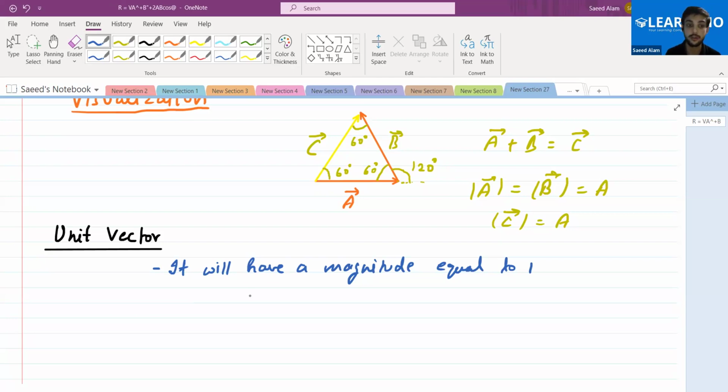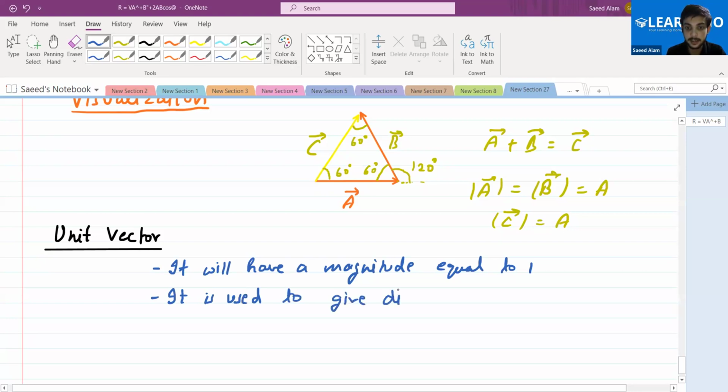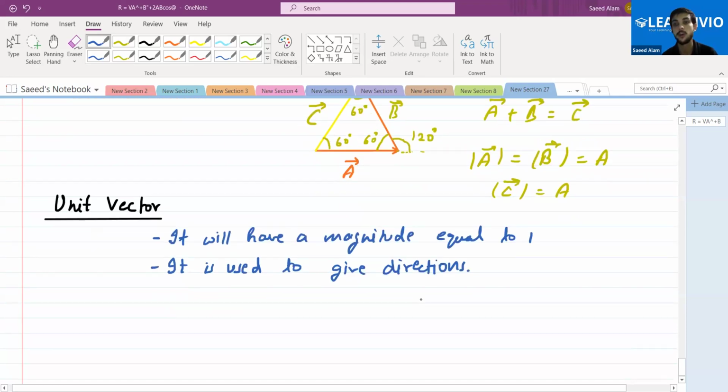Yes, so it is used to give directions. Is this clear to you? That it will be used to provide the directions only, because the magnitude is not in your hand. You have already defined that it is having the magnitude to be 1.